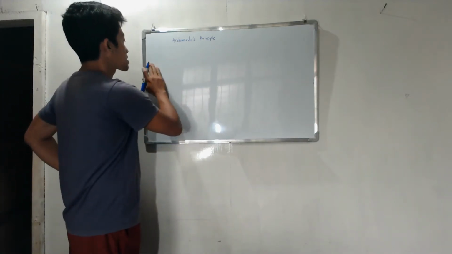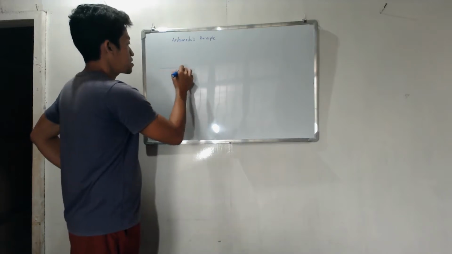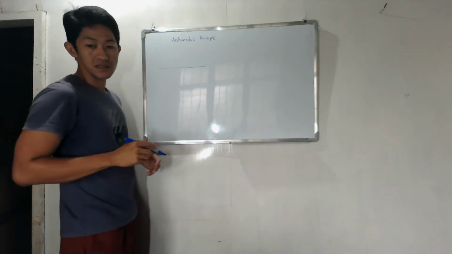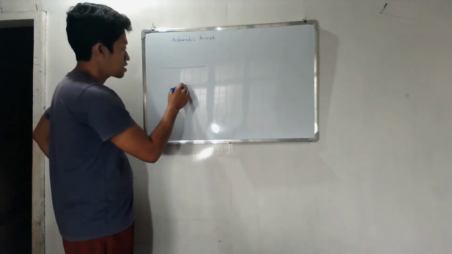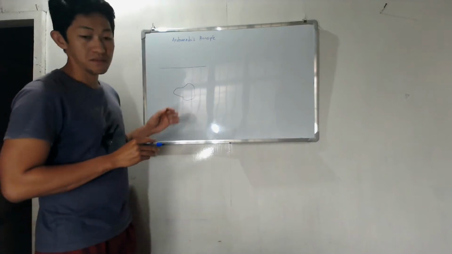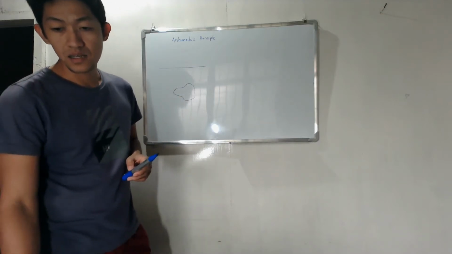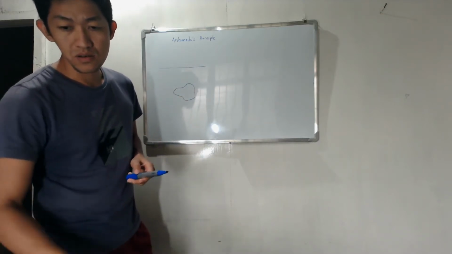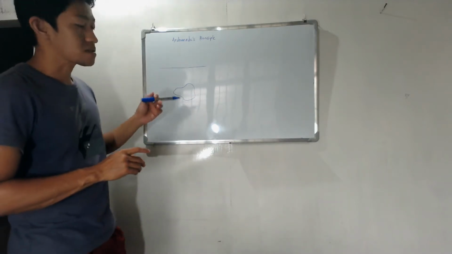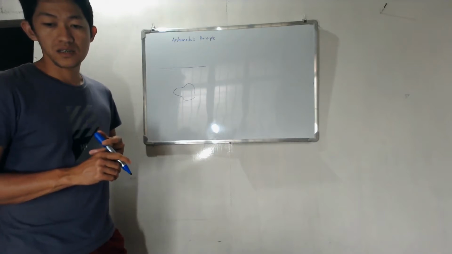So say for example this is your water surface and you have an object. Okay, this could be in any shape, say for example like that. What are the forces that are acting on this object?